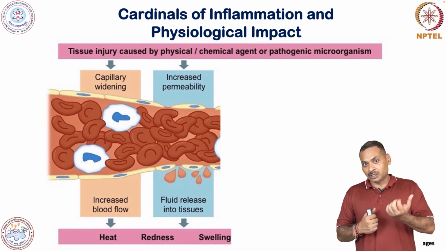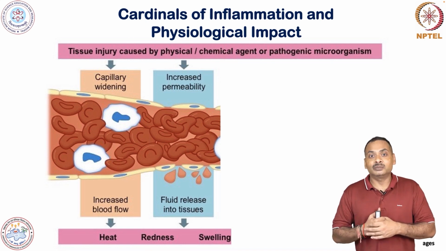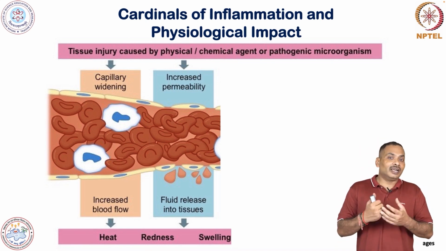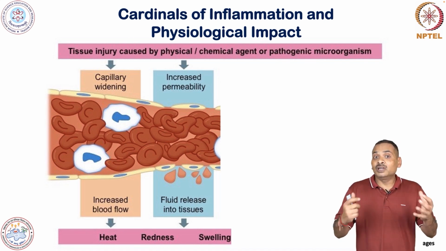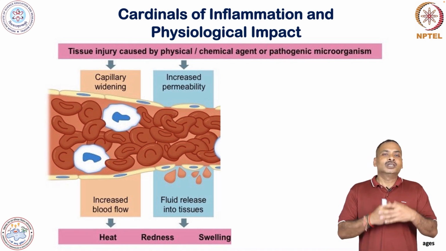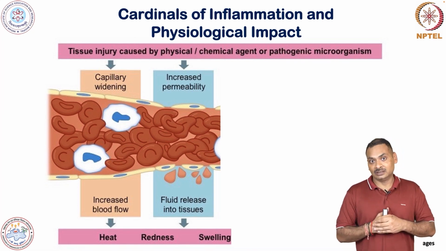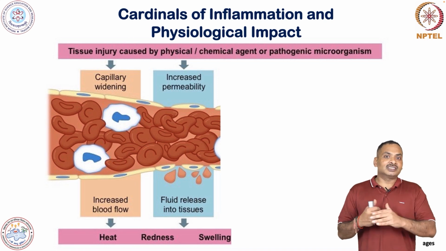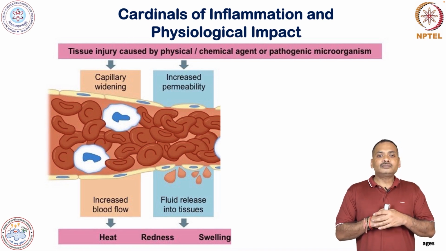The coming out of blood cells will include the RBCs, and there will be accumulation of fluid around that area. That will cause the redness and swelling. So, increase in permeability is linked with redness and swelling.